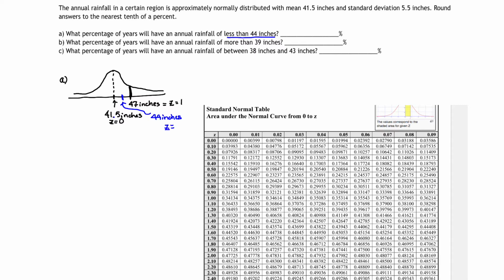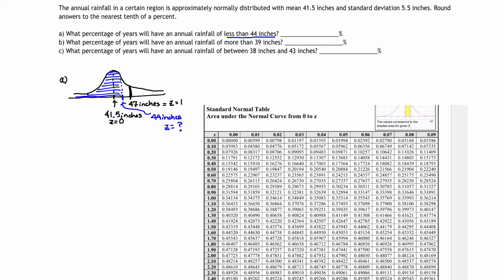Once I have that z value, I'll be able to calculate the percentage of years that will have a rainfall less than it. In other words, I'll be looking for the area under the curve to the left of 44 inches. So the whole goal is to get this z value.